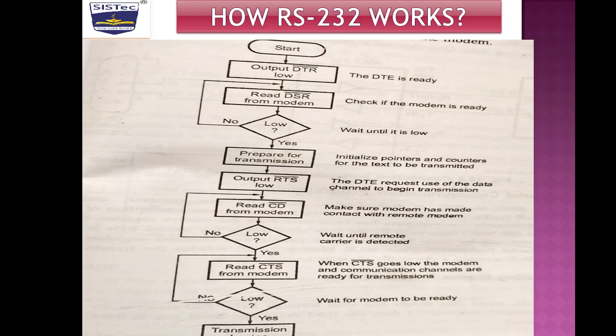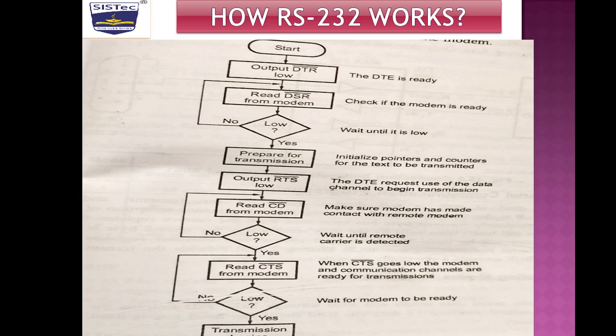So we start. At first, the output DTR is low, which specifies that the data terminal equipment is ready. After the DTR signal, we check if the modem is ready or not, so we read DSR, Data Set Ready, from the modem.